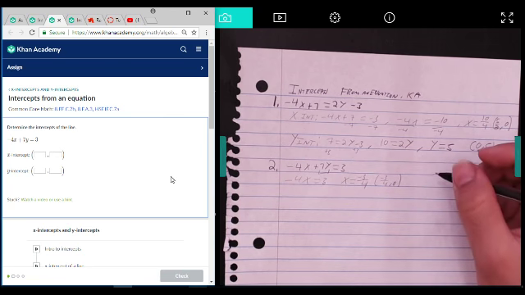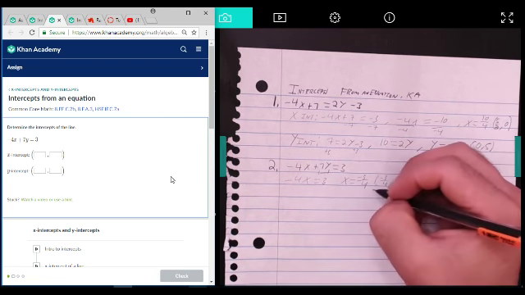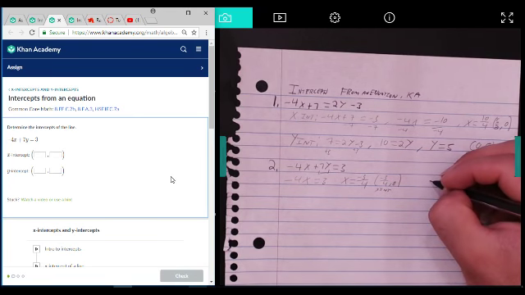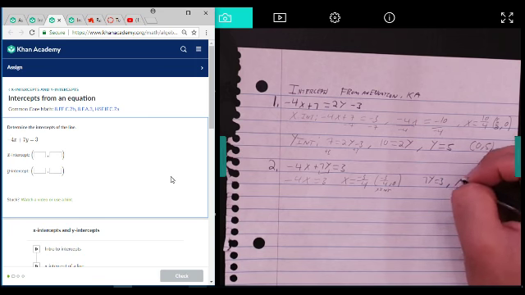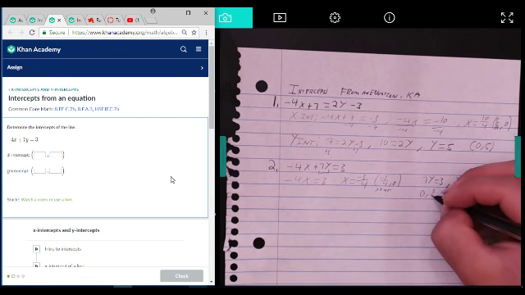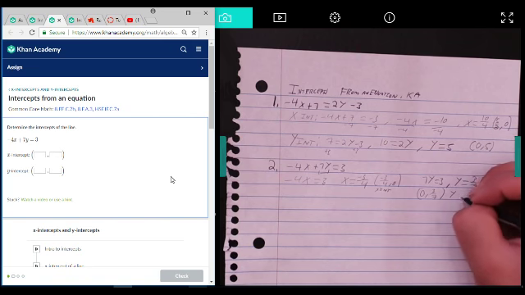And our y-intercept is going to be, that's when x is 0, so that'll just be 7y equals 3. So y is equal to 3/7. So our y-intercept is going to be 0, 3/7.